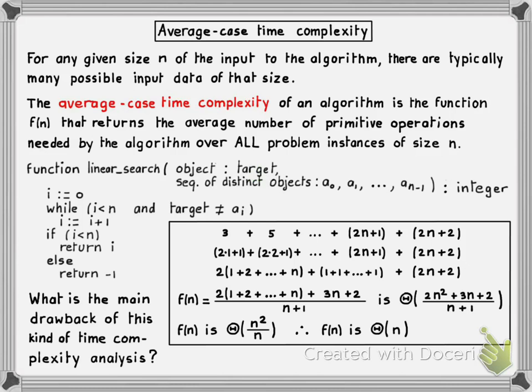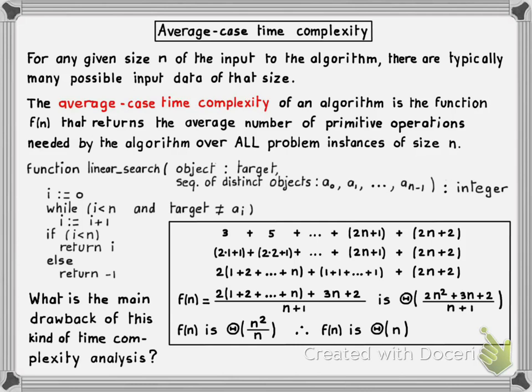The reason I made this assumption implicitly is because I added all of the numbers together and then divided by the total number of cases. The only way this works is when, if I took a random problem instance, they would all be equally likely to end up being chosen. But that's not necessarily the case.